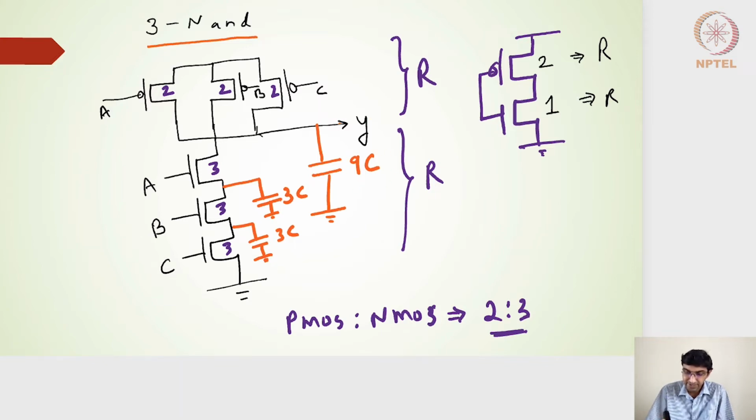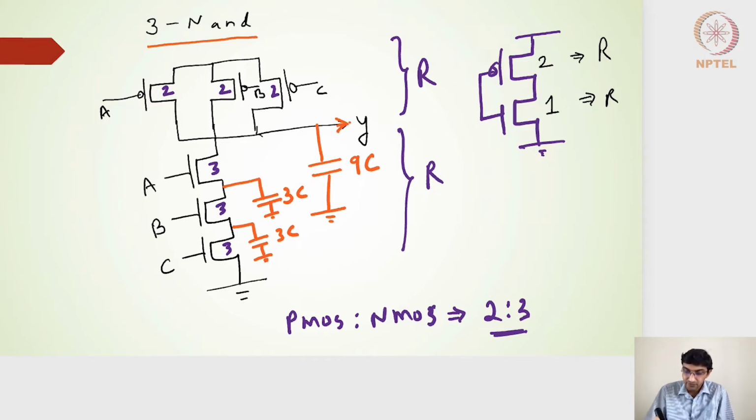Now, if this output node is fed to another three input NAND gate, or multiple such gates, the first stage is a three input NAND gate and its output is fed to the inputs of the second stage.